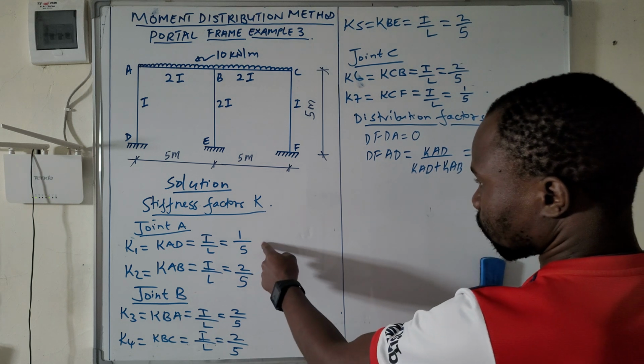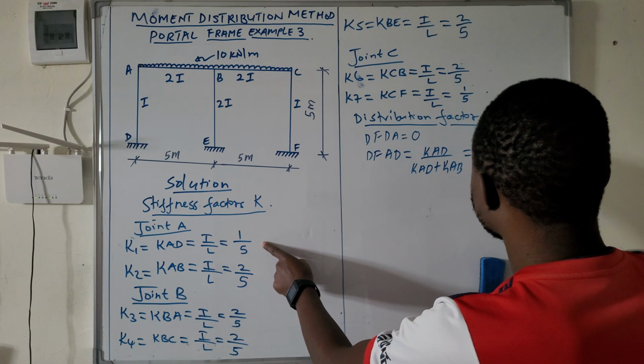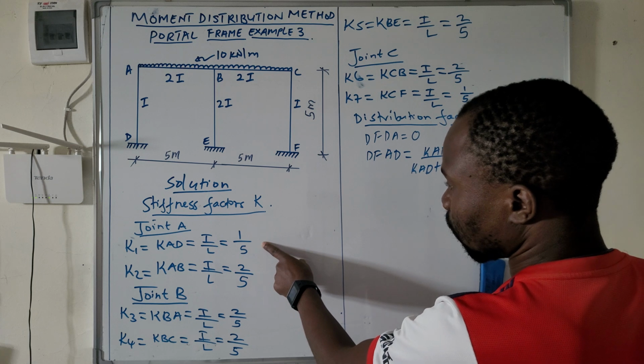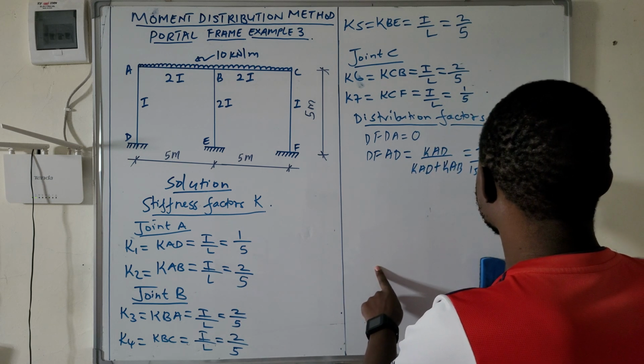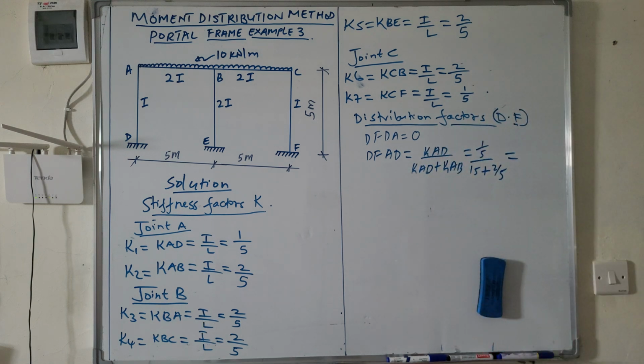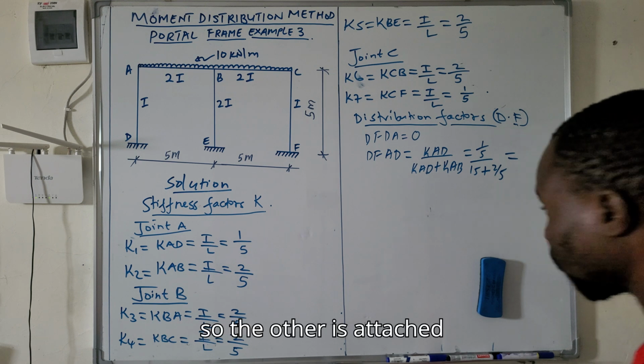KAD is 1 over 5, over 1 over 5 plus KAB, 2 over 5. You punch your calculator: 1 over 5 plus 2 over 5. So the answer is a third.